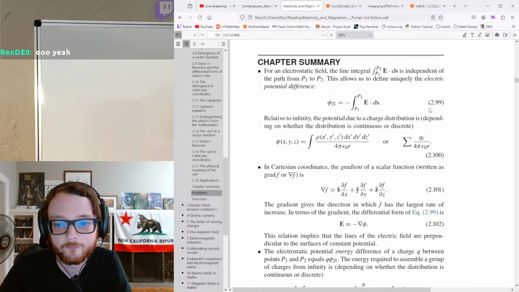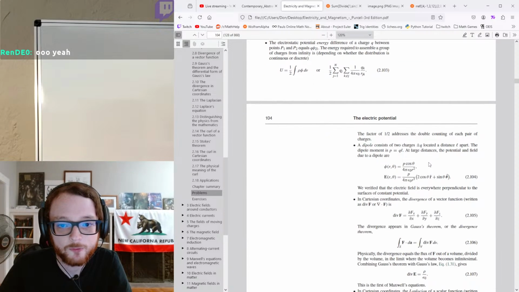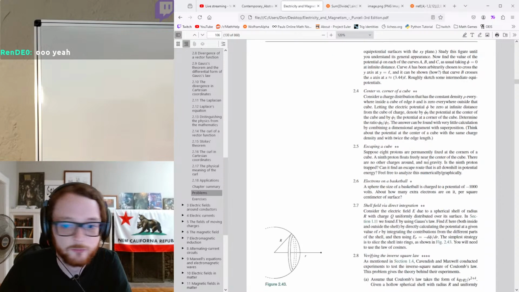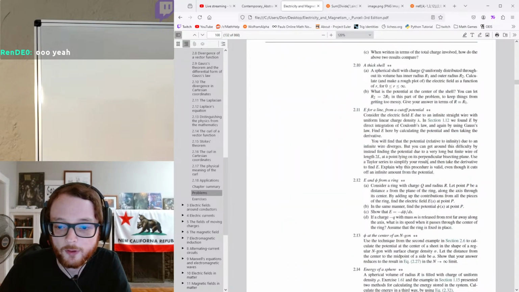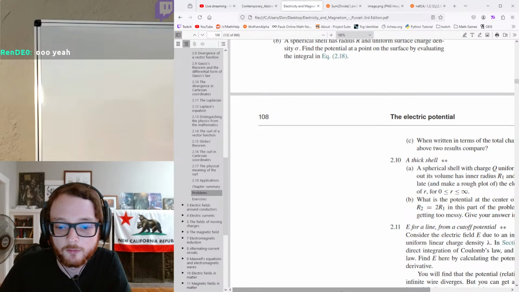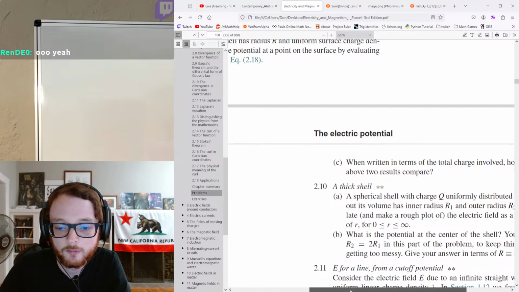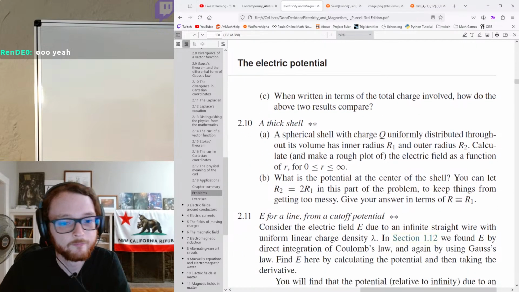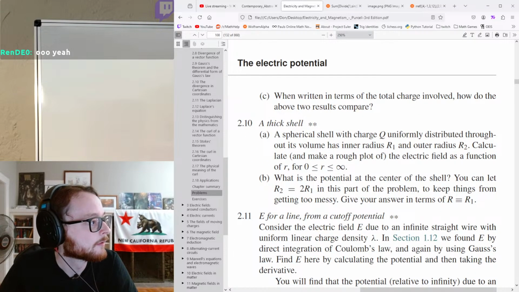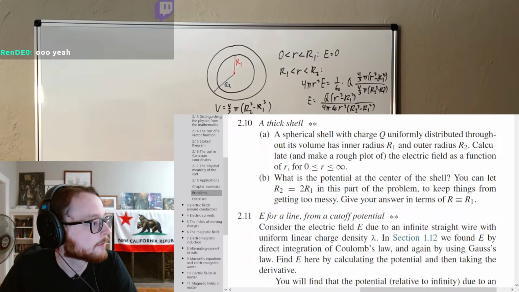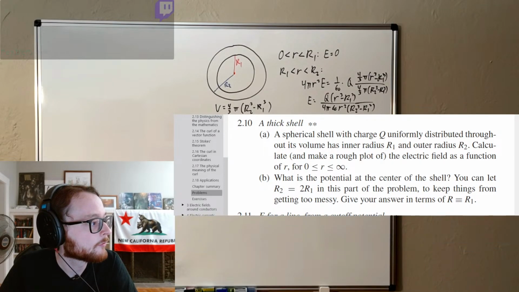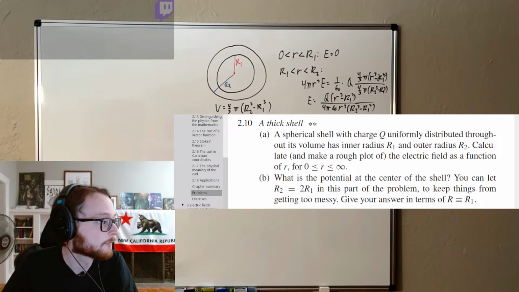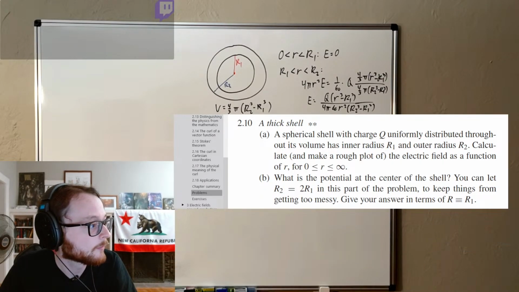Okay. And we can just approach from a radial direction, so we don't have to worry about any crazy dot product stuff. And we do get to take R2 equal to 2R1, which will be nice, because it looks kind of annoying to integrate otherwise.